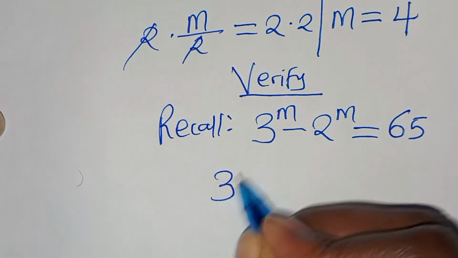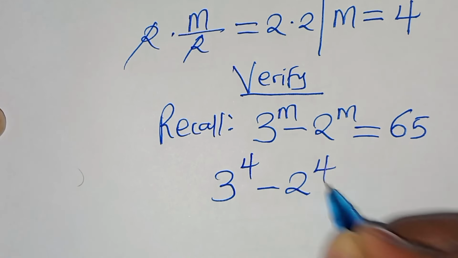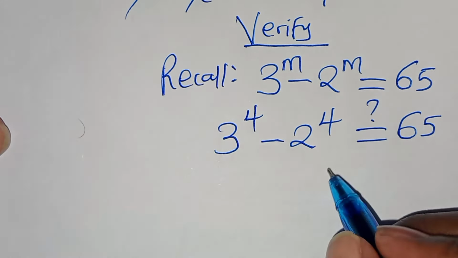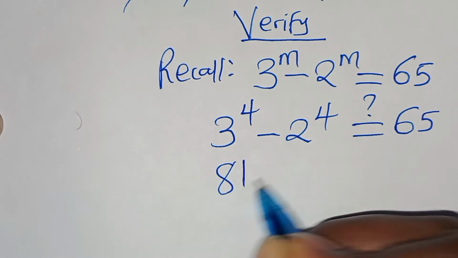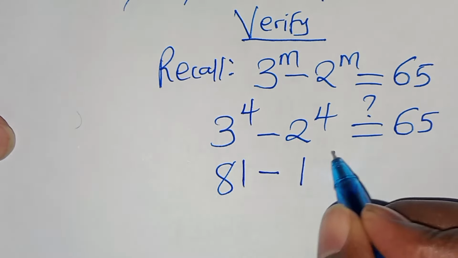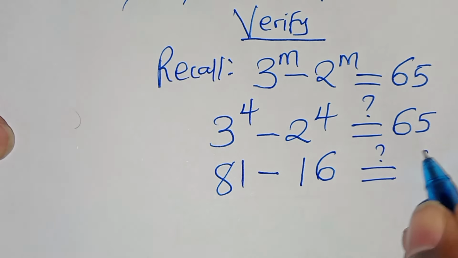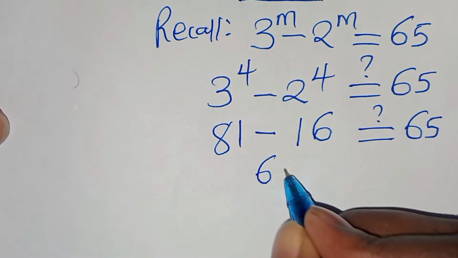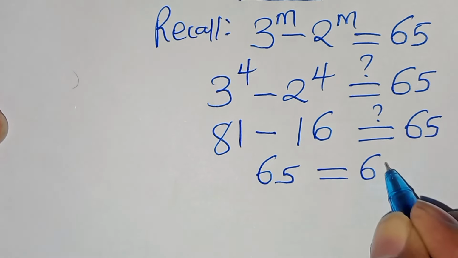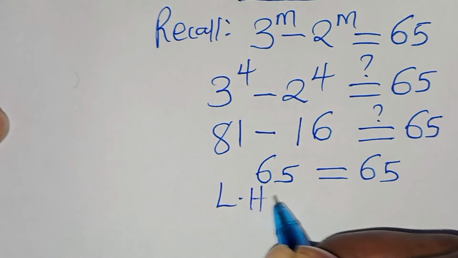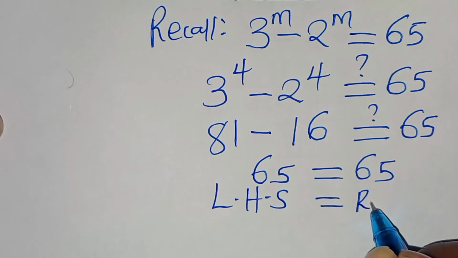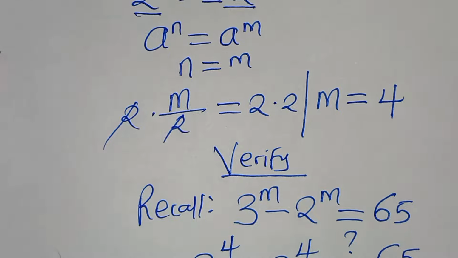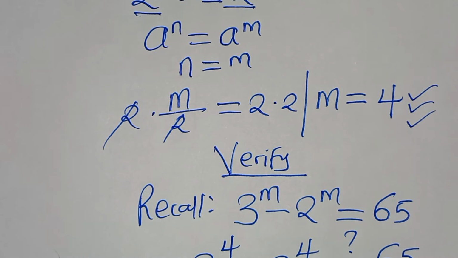Substituting m, this is 3 to the power of 4 minus 2 to the power of 4. 3 to the power of 4 is equal to 81, minus 2 to the power of 4, which is equal to 16. 81 minus 16 is equal to 65. So the left hand side is equal to the right hand side, and this implies that the value of m, which is equal to 4, satisfies the equation.